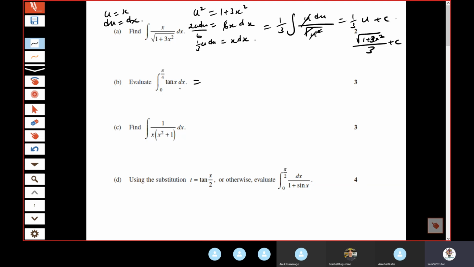Tan. Anyone else got anything different? Or how'd you do it? Come on, Queenie, Azra, what did you guys do? Tan x. What did we do? Azra, what did you do? What was your thinking for this? Why are we quiet? Queenie, what did you get for this? Or how did you do it?